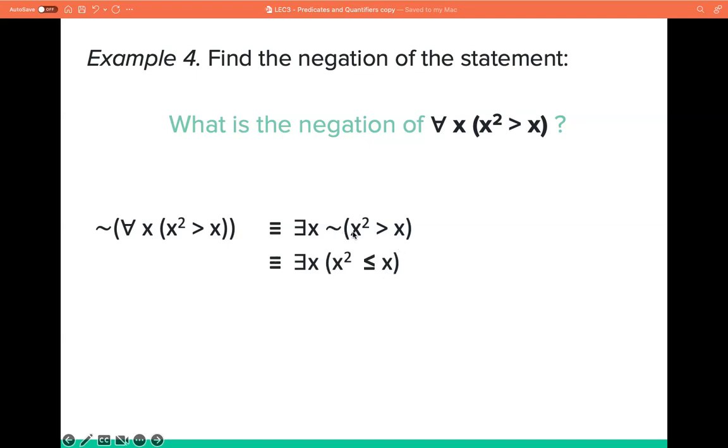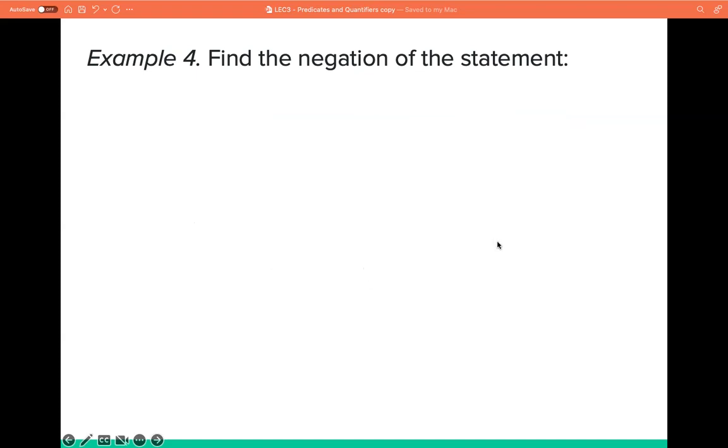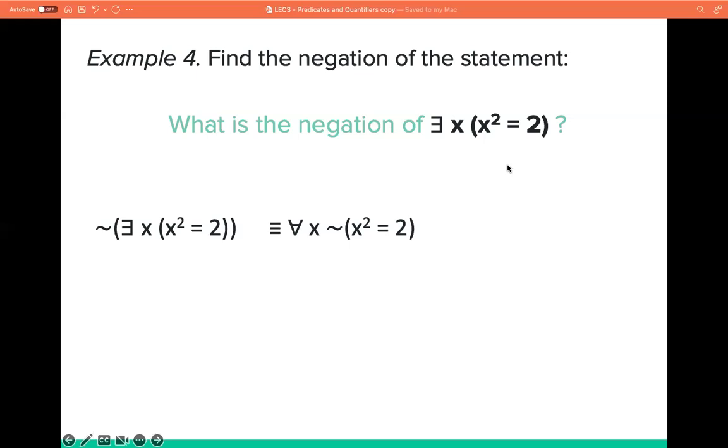So the negation of x squared is greater than x will be x squared is less than or equal to x. Now, what is the negation of there exists x such that x squared is equal to 2? Taking the negation of this existential statement, it is equivalent to for all x, not of x squared equals 2. Taking the negation of this property, we have x squared is not equal to 2.